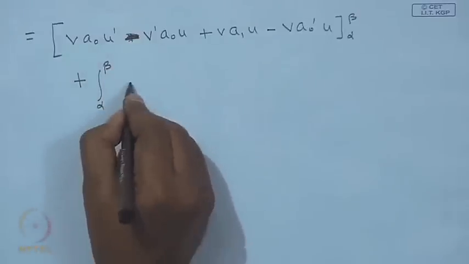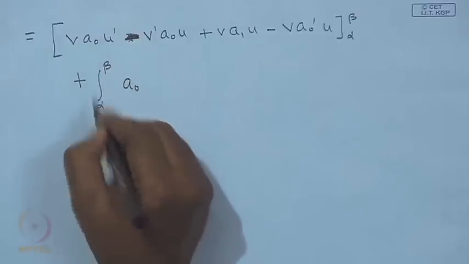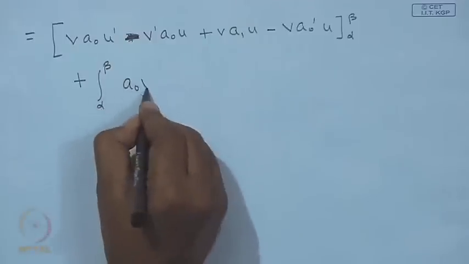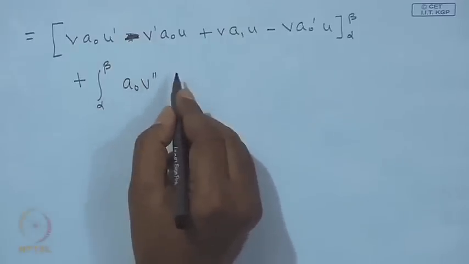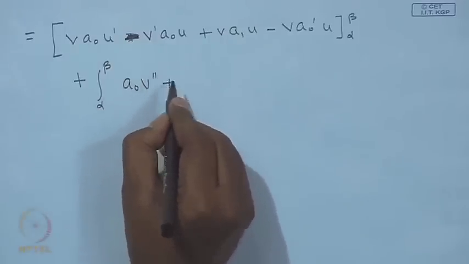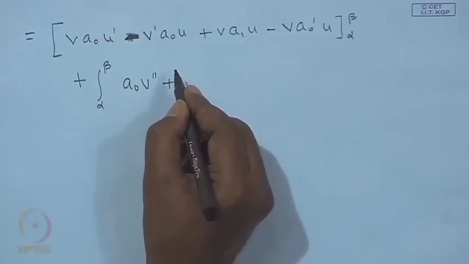We collect all the terms in the integration: a 0 v double prime plus a 0 prime v prime plus a 0 prime v prime.